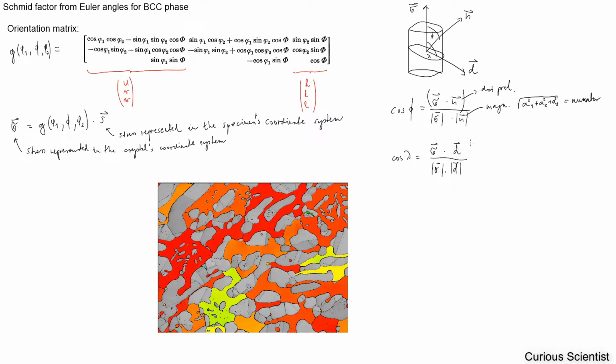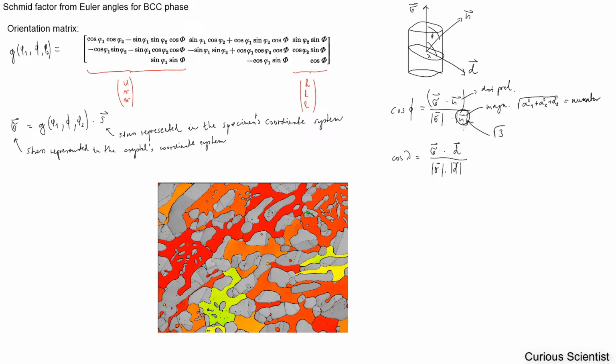And we repeat for this. But if you checked my previous video for the FCC system, then we knew that we could fix this number to square root of 3. Why?